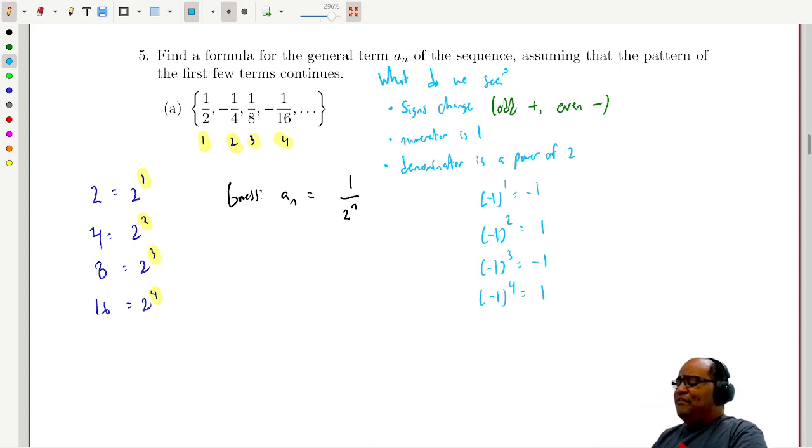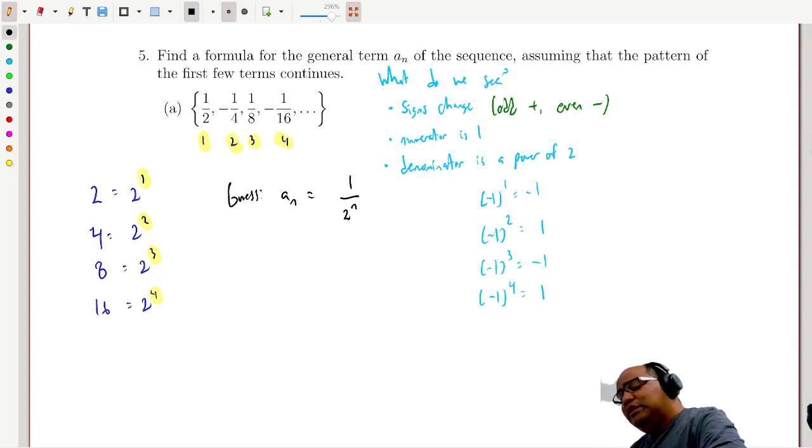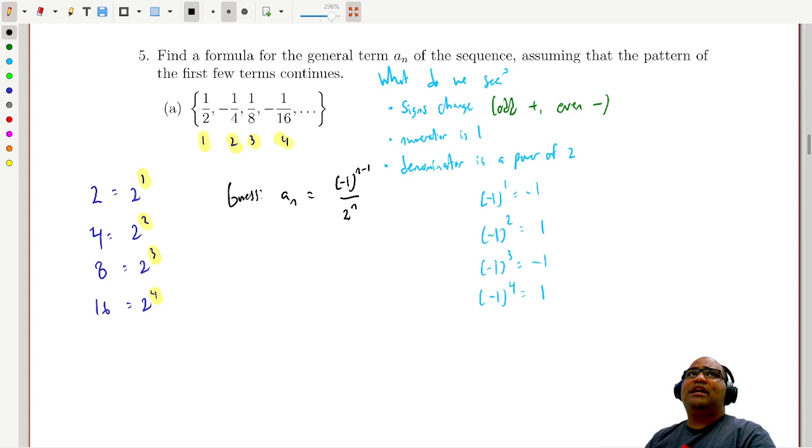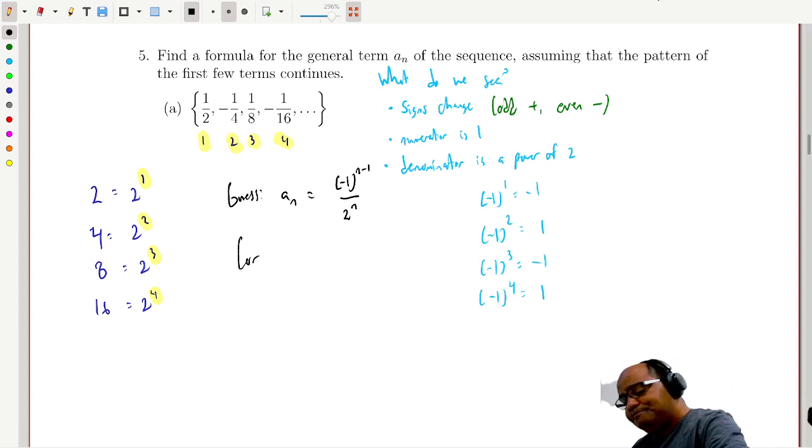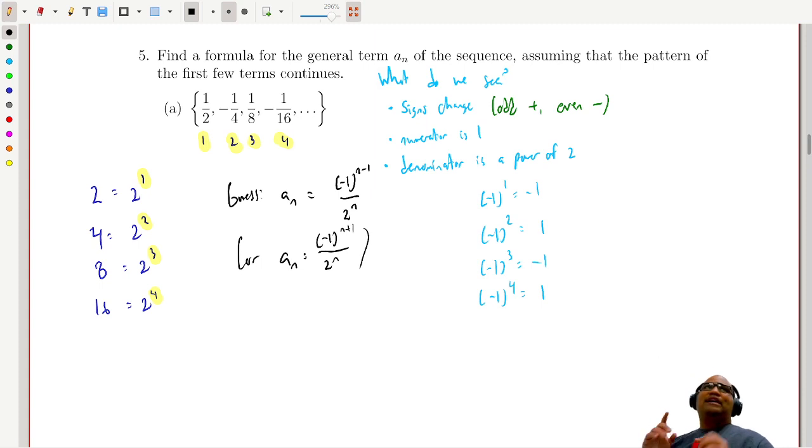So here's the idea. If I have an odd power, I want it to correspond to a plus sign, and even power to a minus sign. So I need to shift everything back or forward 1 step. Okay? So try to convince yourself that the rule to use here is -1 to the n minus 1 over 2 to the n. You could also use -1 to the n plus 1 over 2 to the n, so long as the signs match.